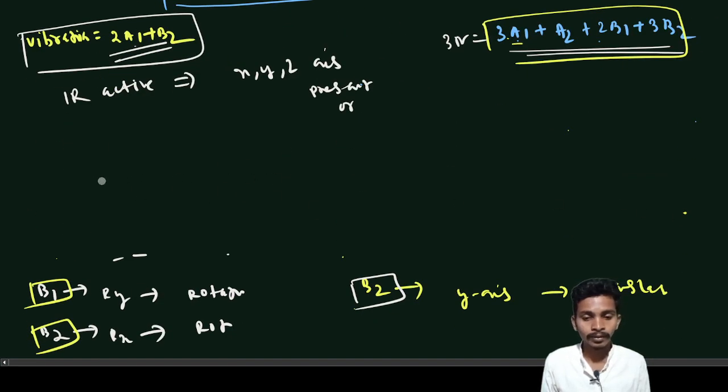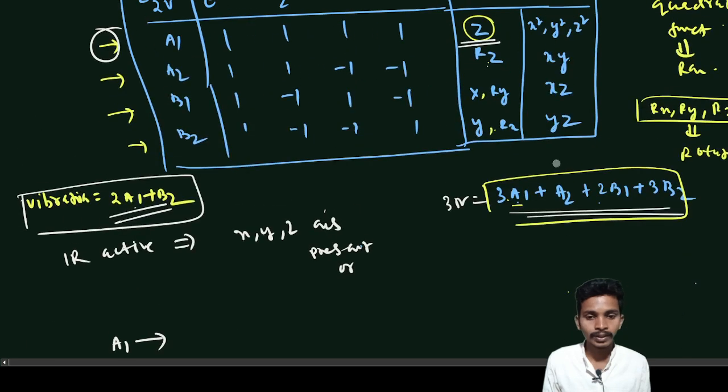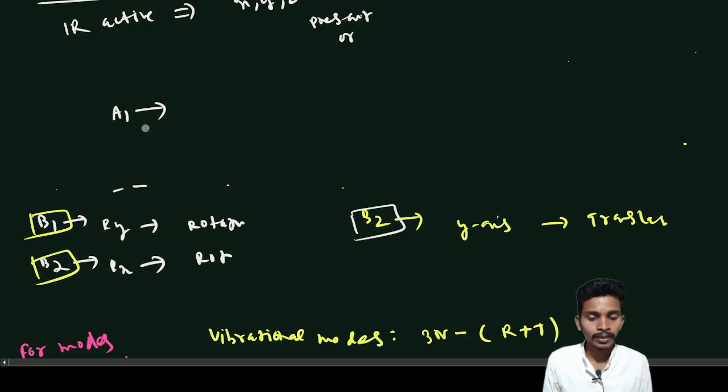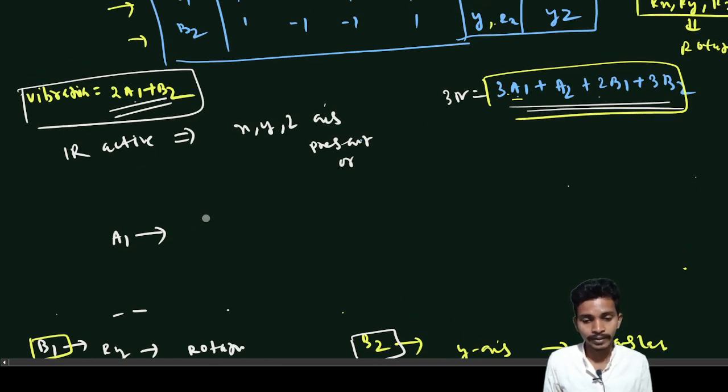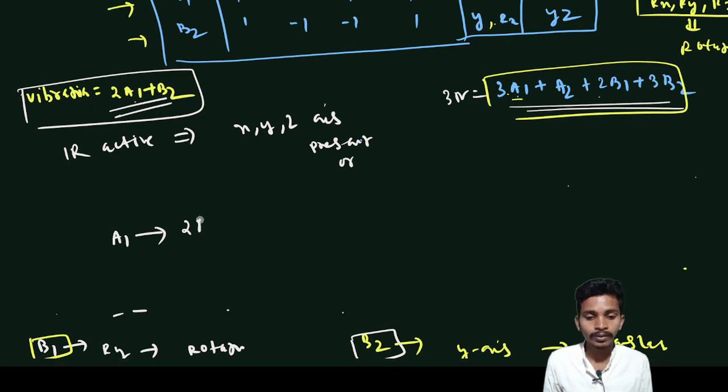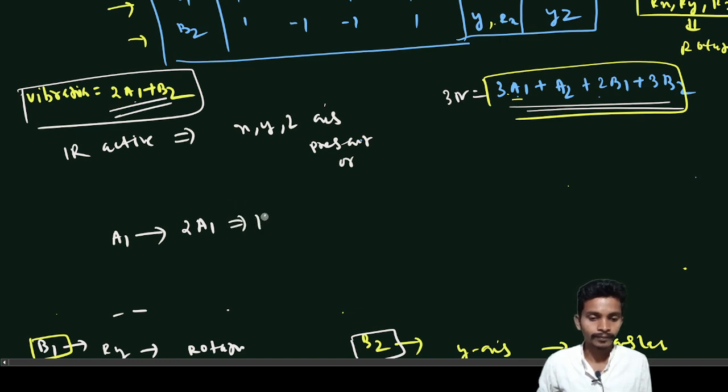For A1, when we check, we see that z axis is present, means this A1 is IR active. So whenever we are talking about active, at that time we will use the stoichiometric coefficient. So A1 active means how many A1 are there? 2A1. So 2A1 is IR active.